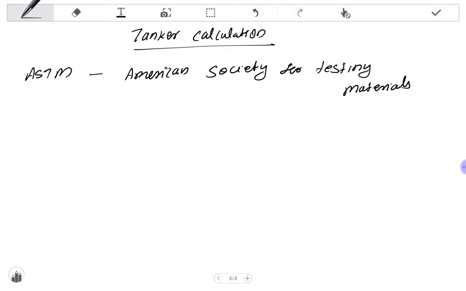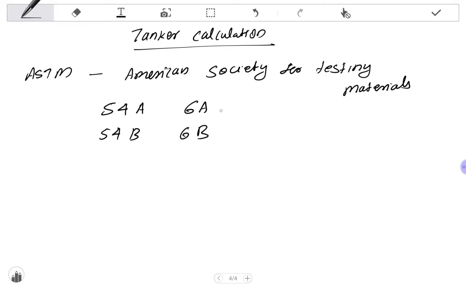The ASTM tables we normally use are table numbers 54A, 54B, 6A, 6B.